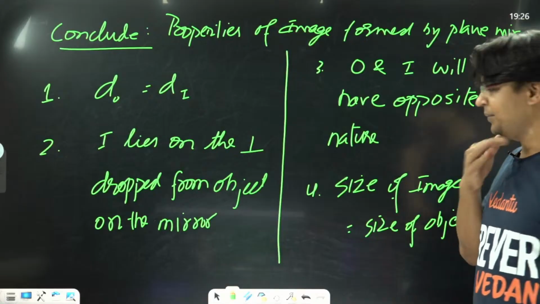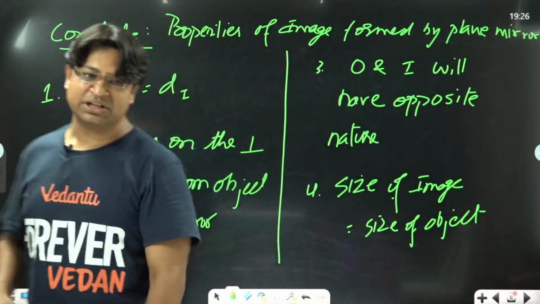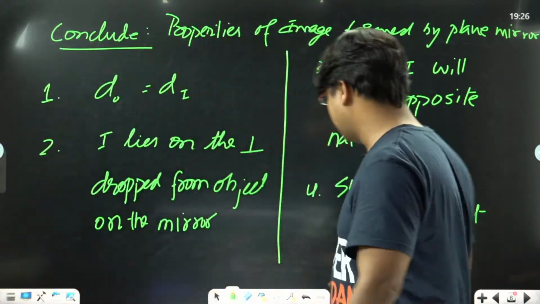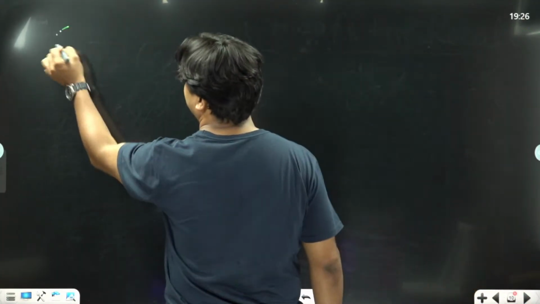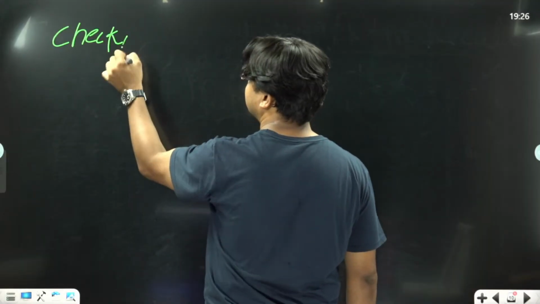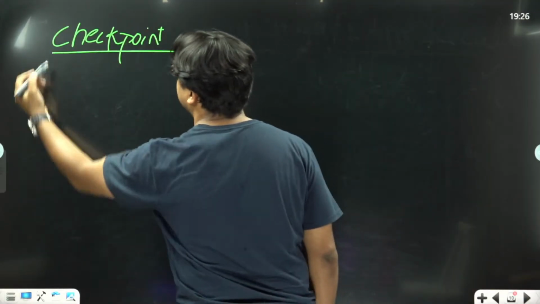All right. Okay. So now just to test you, let me ask you guys a very simple question. This is going to be your test, or a checkpoint, to see whether you have understood the concept or not.